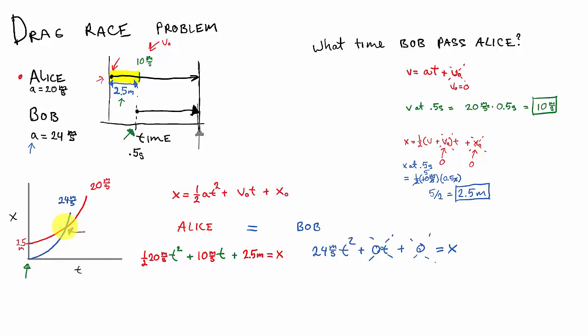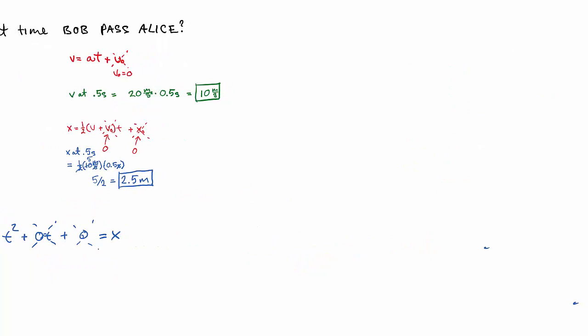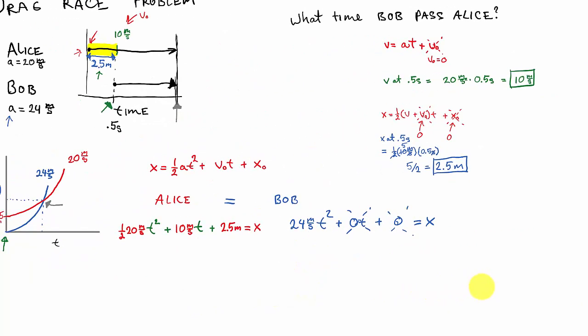At that time, we should be at equal distance x. That's what we're doing here. So set them equal to each other.